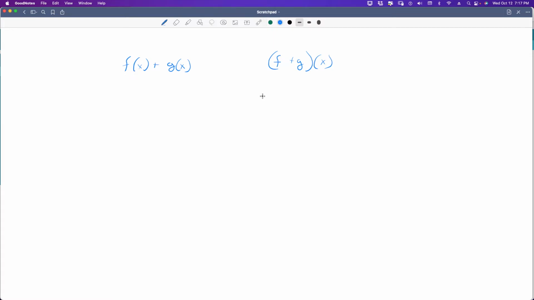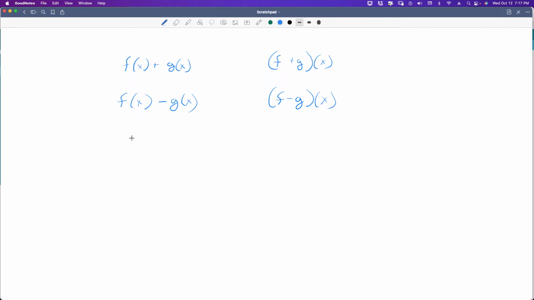And that is used to denote the sum of function f and function g. Also, we could have f of x minus g of x, and that would be the same as saying f minus g of x. So we could find the difference of two functions when the g function is subtracted from the f function.